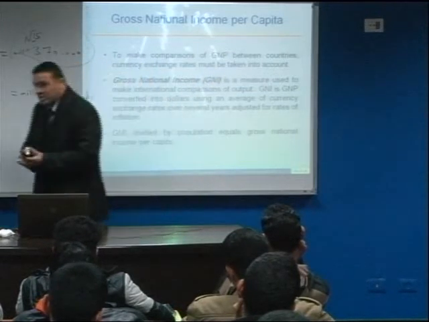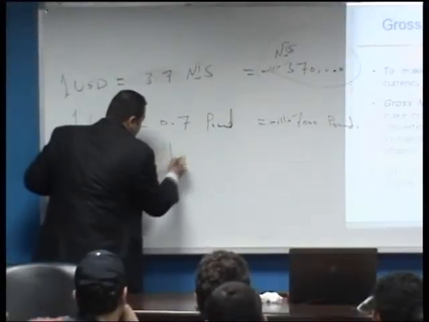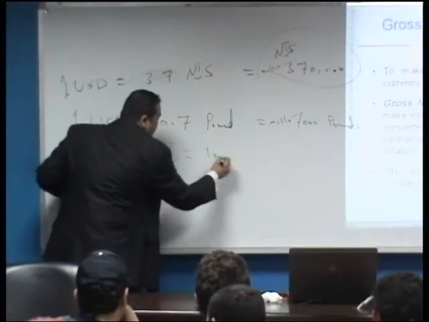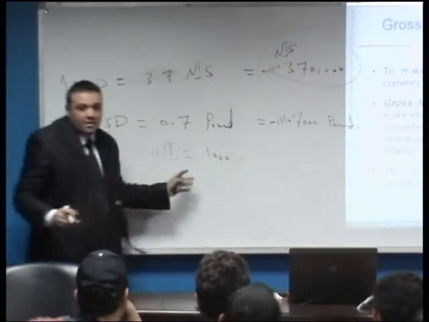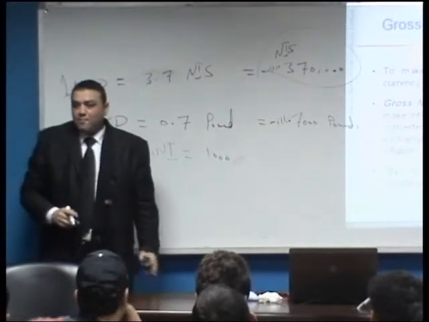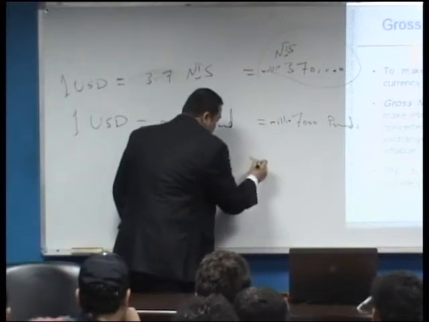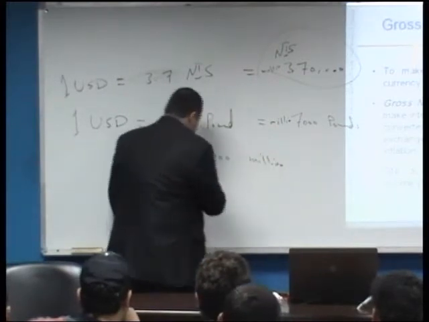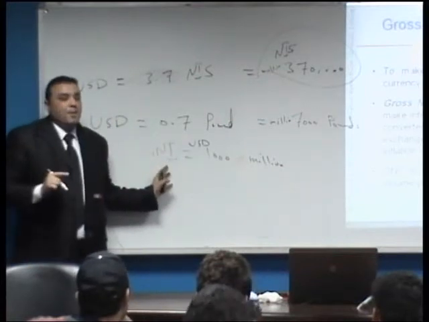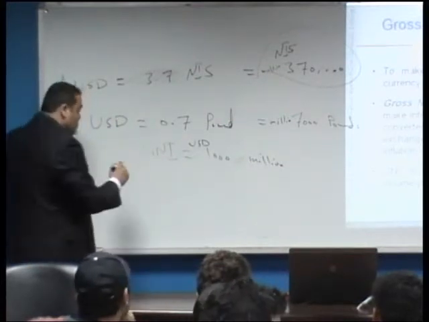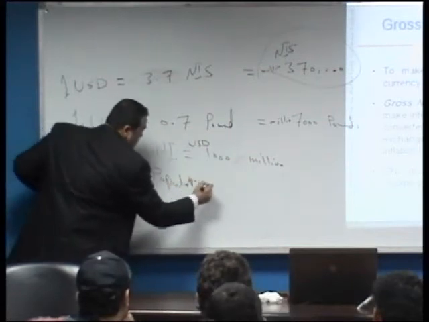Suppose the GNI equals $1,000 million US dollars, right? And the number of population is 2 million.